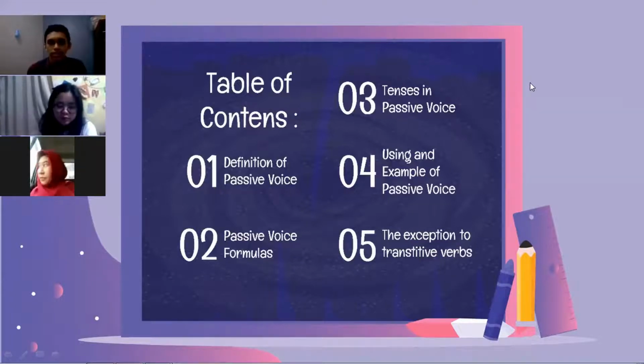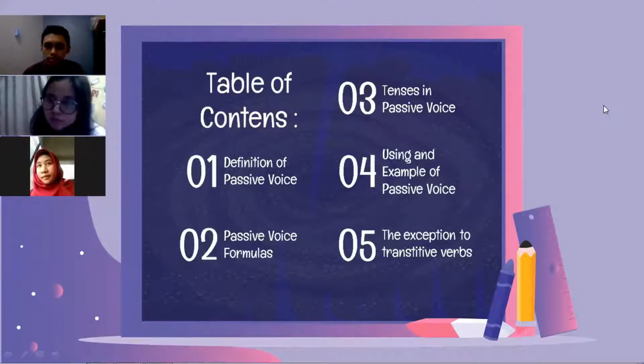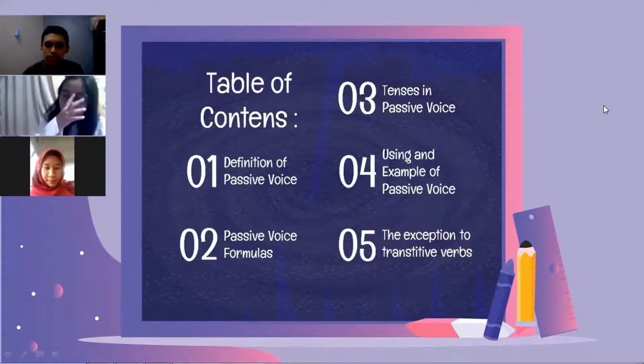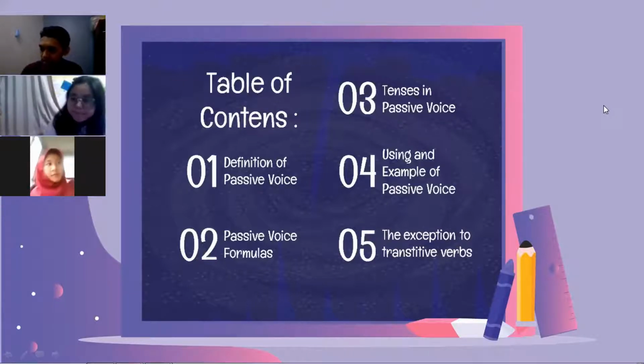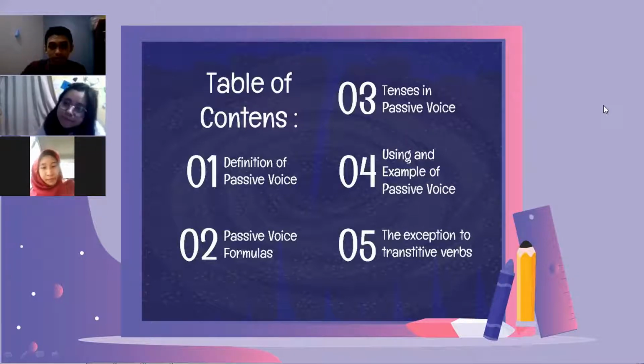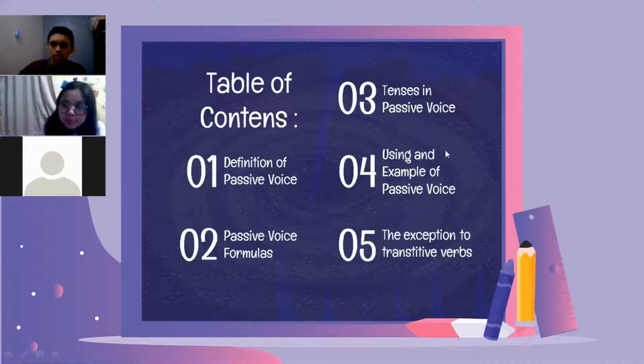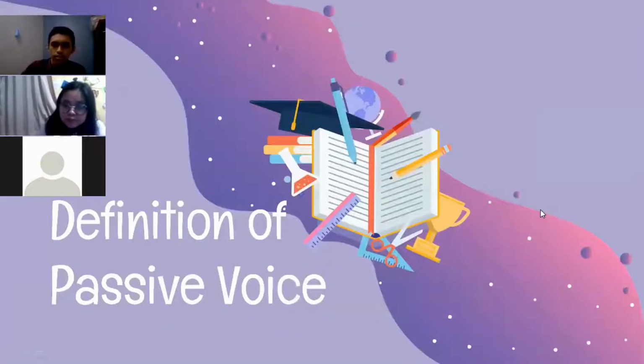Number four, using an example of passive voice. And the last is the exceptions to transitive verbs. Okay. Now we are going to the number one material. Okay, this is definitions of passive voice.